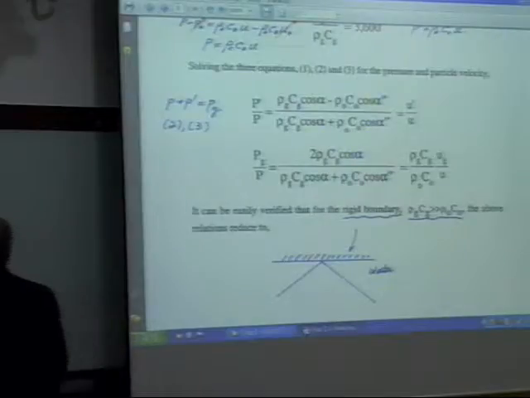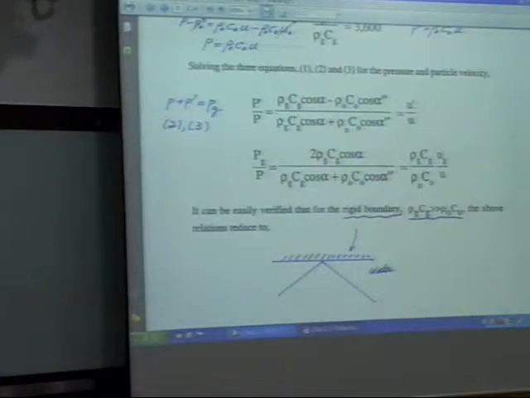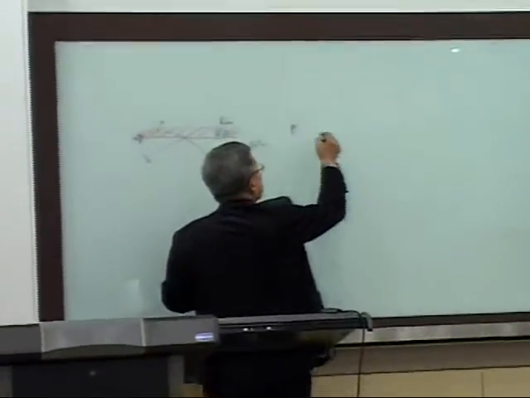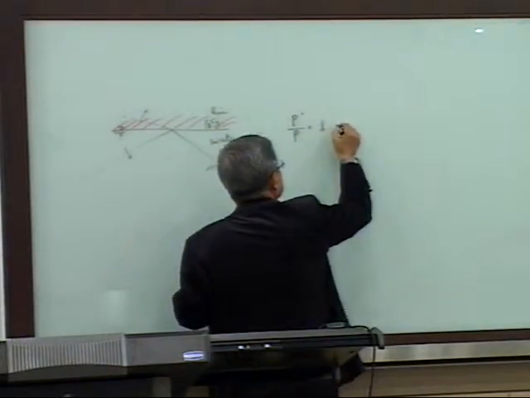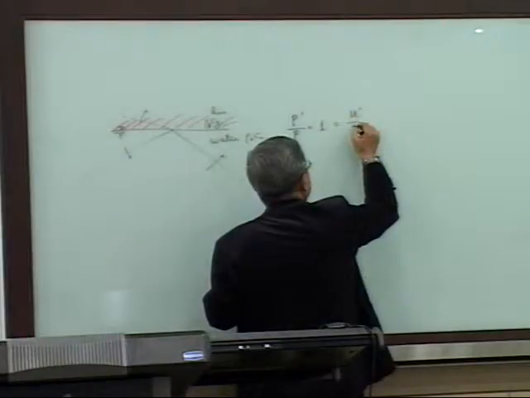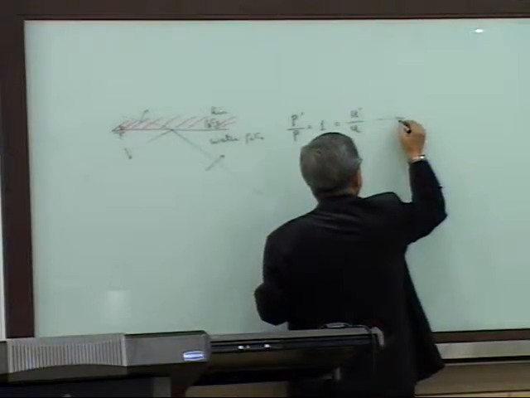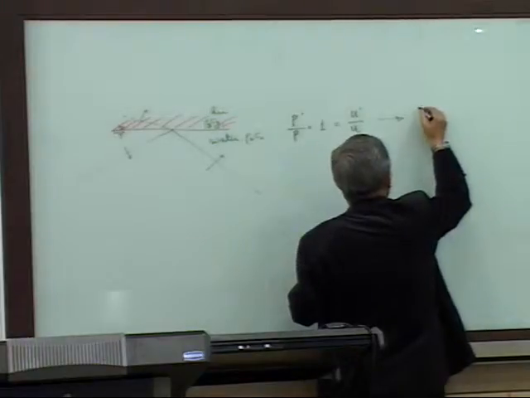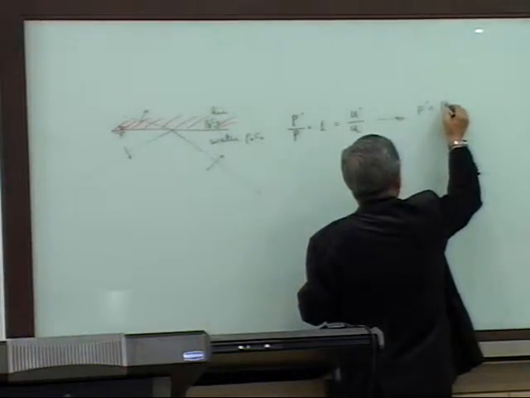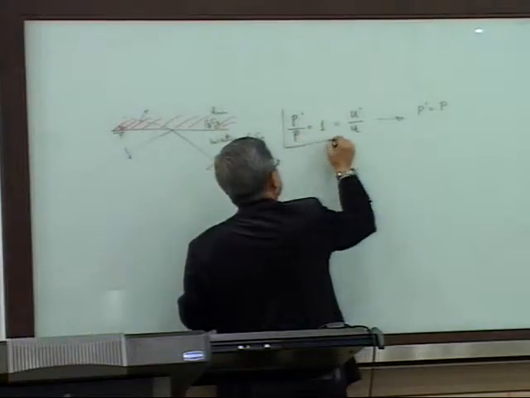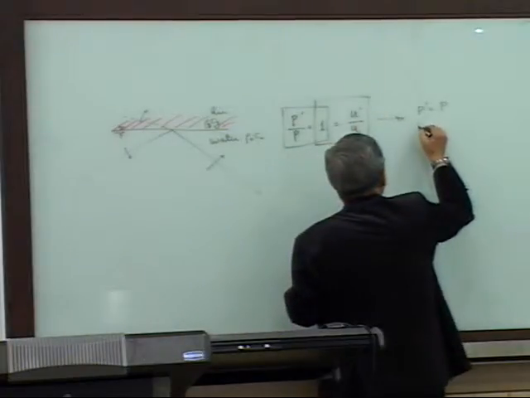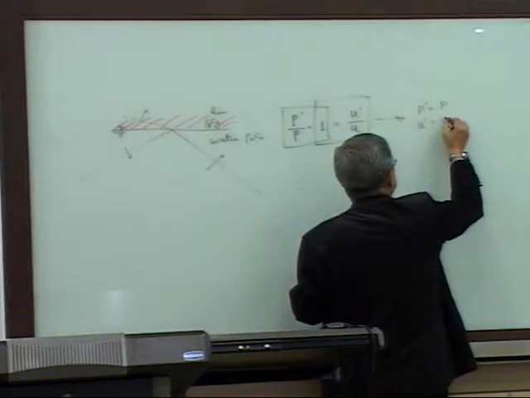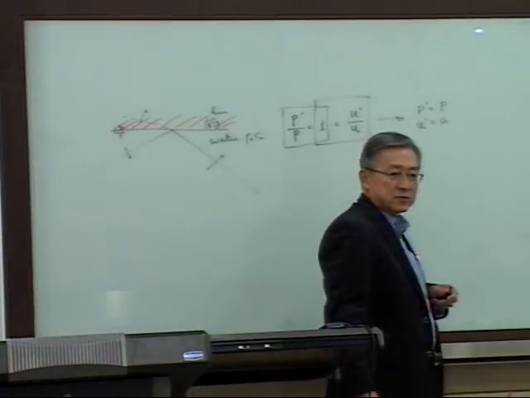So P prime over P is equal to 1, which is equal to U prime over U. This is telling you that P prime is equal to P. Another set is U prime is equal to U. Is it true for a rigid surface?